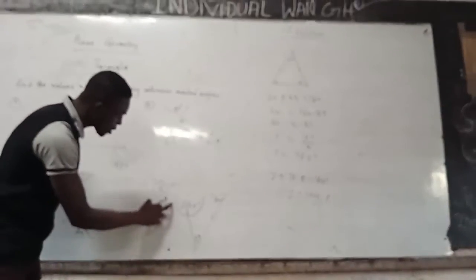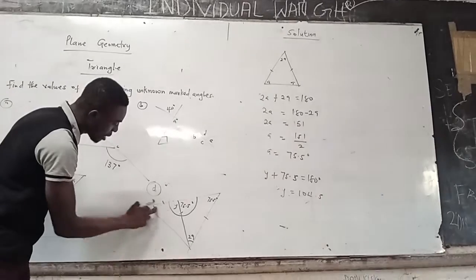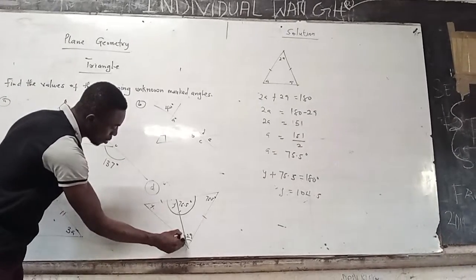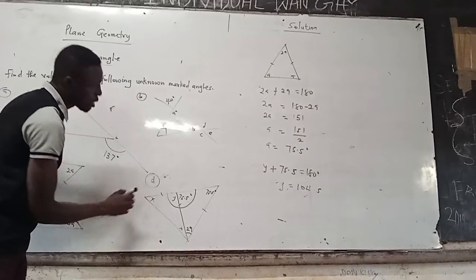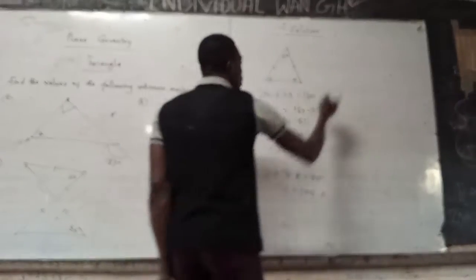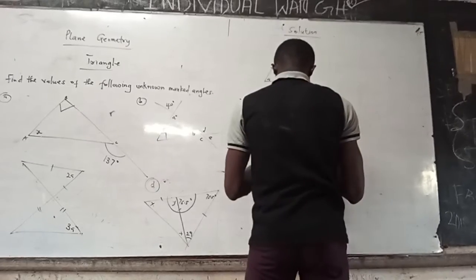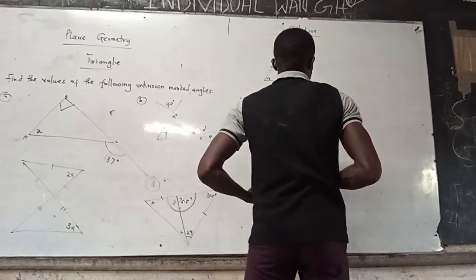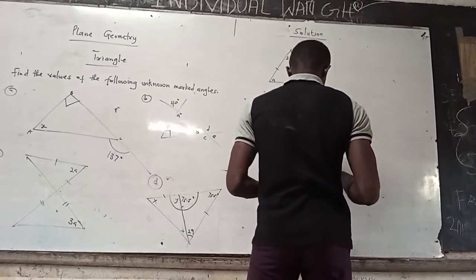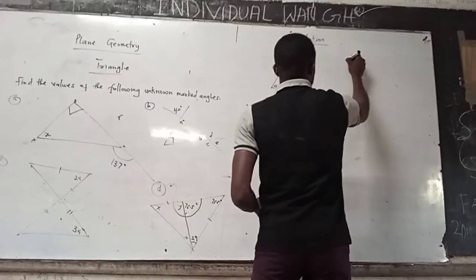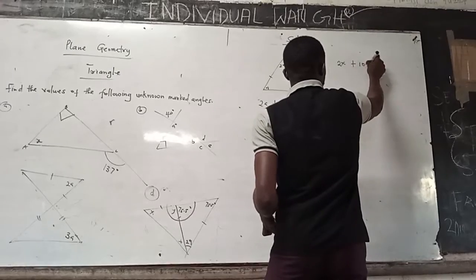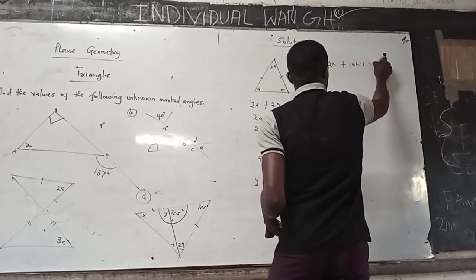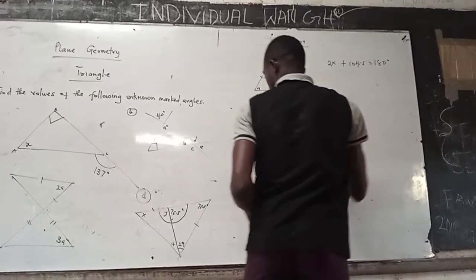But when you see this one, means that isosceles, means that the bases are the same. So means that the angle formed here is the same as the angle formed here. So means that we can simply write it as 2x plus 104.5 is equal to 180.